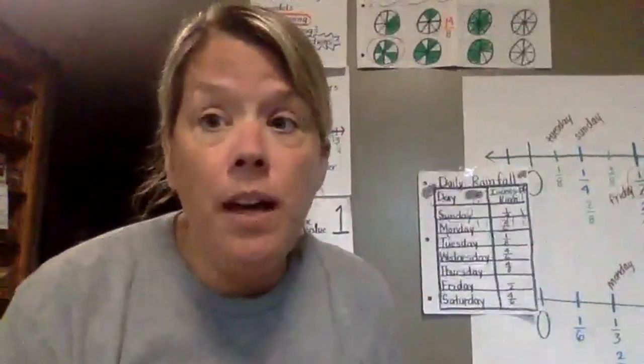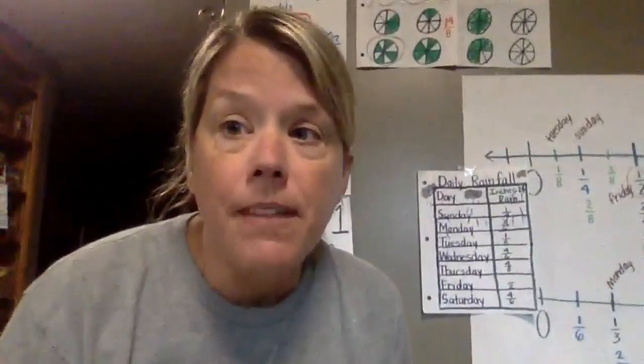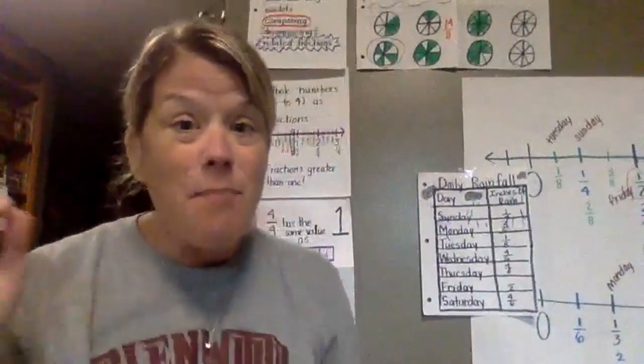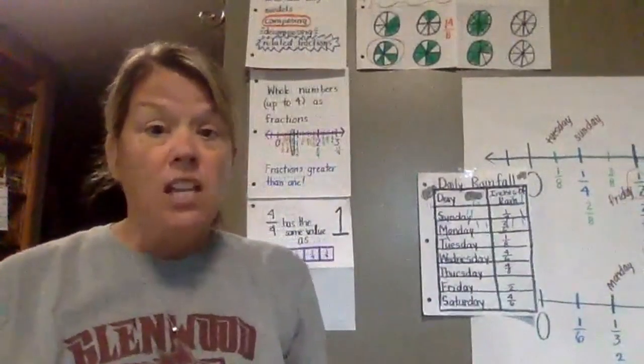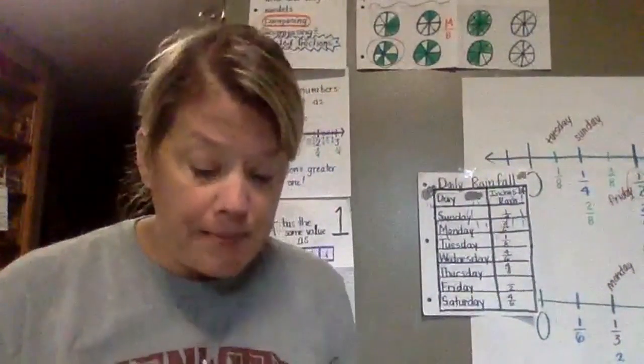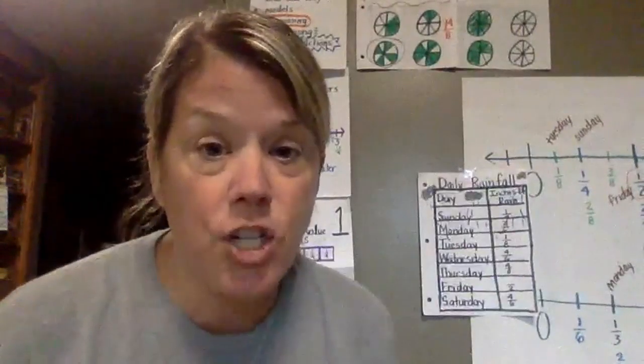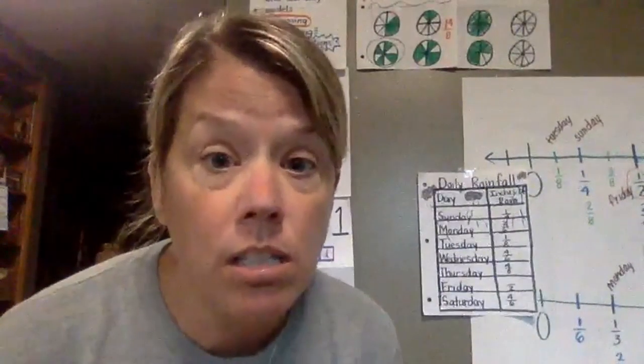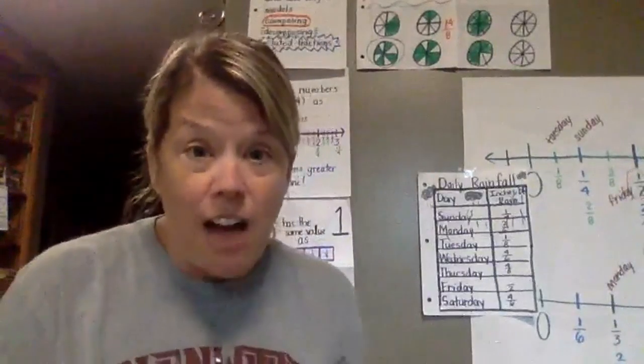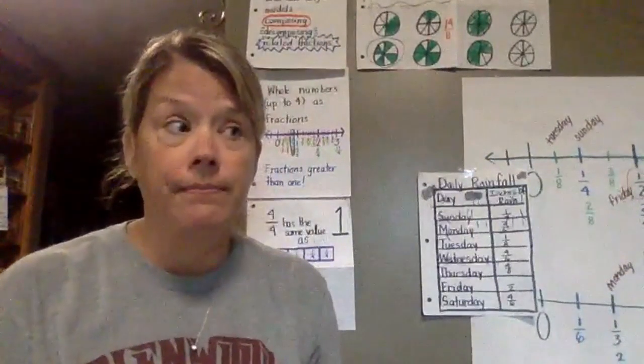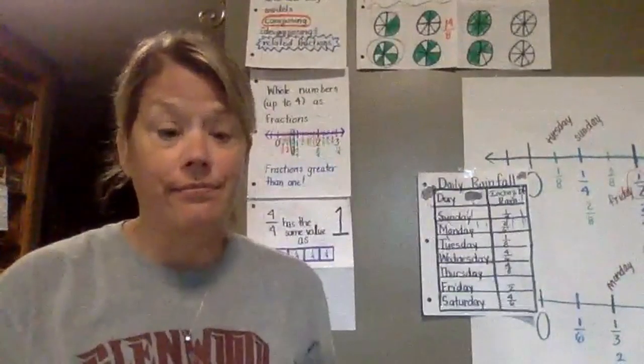And that's true. They have the same value, but they're totally different stories. So would you rather go swimming for 2 days for 5 hours or go swimming 5 days for 2 hours? That's different. Check it out.